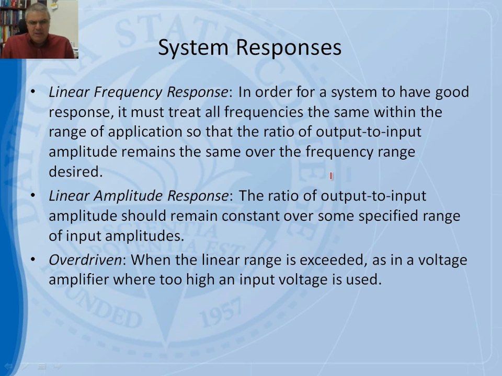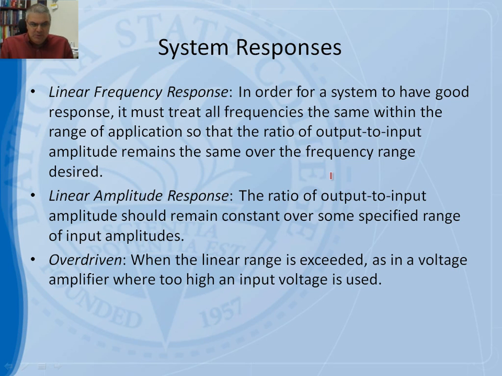What it really means in simple terms is, if we want to have a good response for a system, we must treat all frequencies the same within the range of application. Again, we do that because we want to make sure that the ratio of output to input amplitude remains the same over the frequency range desired.